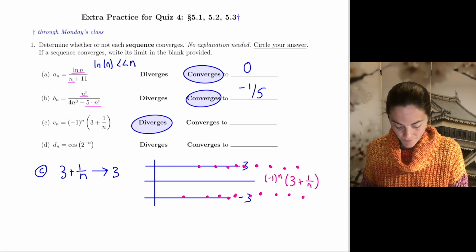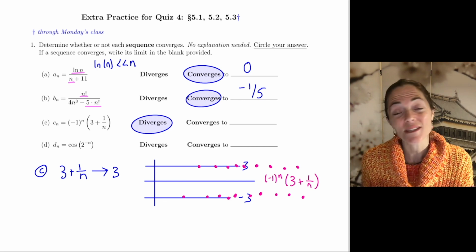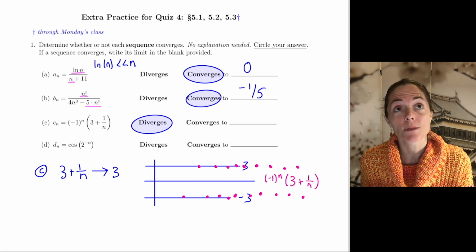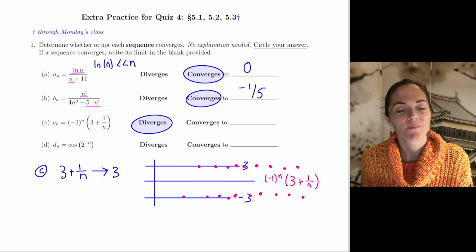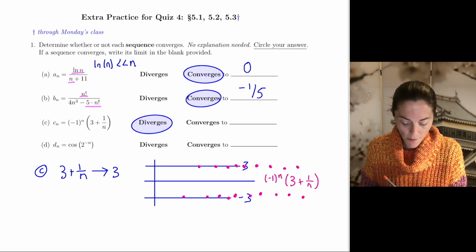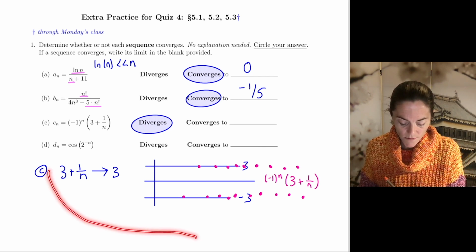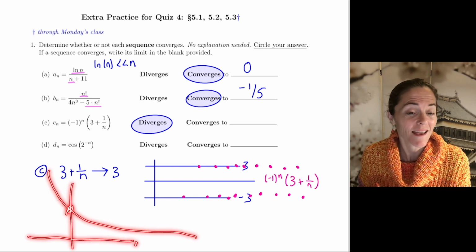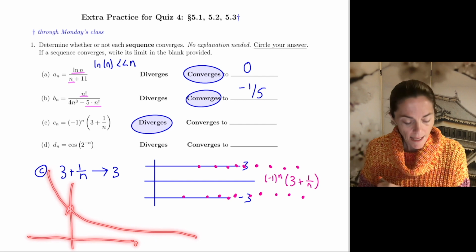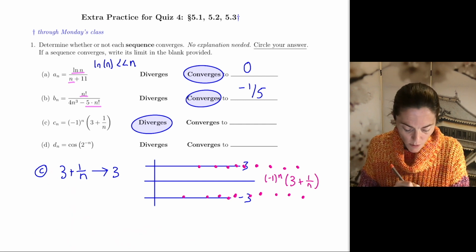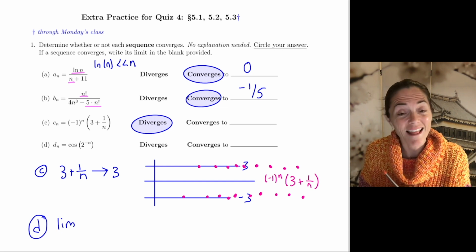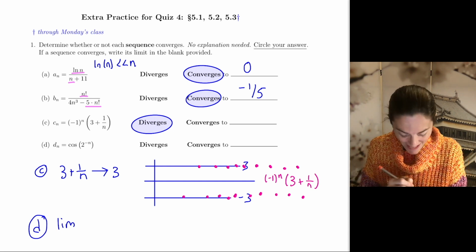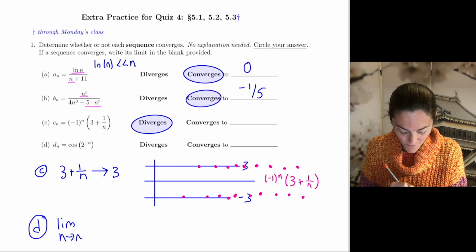Letter D. Cosine is a continuous function. 2 to the -n converges as n grows without bound. If you think about the corresponding continuous function of x, this is just 1/2 to the n on the inside, and this converges to 0. So maybe I will write this as part of my justification. Not that it asked for it, but I'm trying to explain where my answers come from in this video.